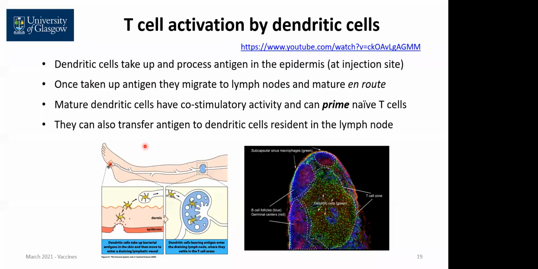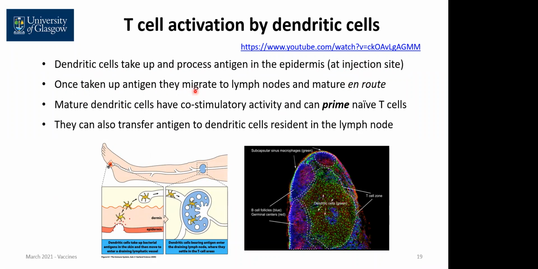So how do T cells become activated by dendritic cells? Well, this is what happens at the skin barrier when you are vaccinated with a certain antigen. Dendritic cells, or antigen-presenting cells in general, will take up and process antigen in the epidermis. So this is at the injection site.